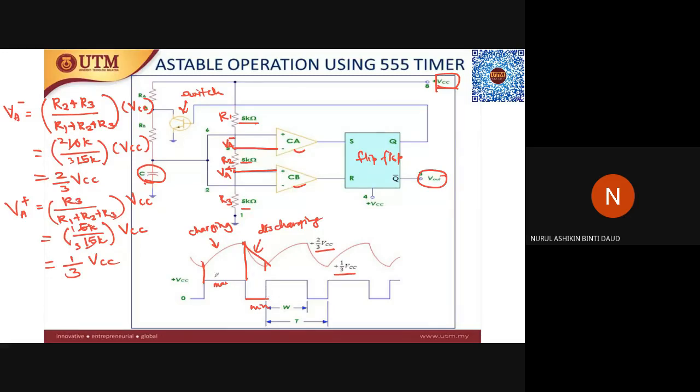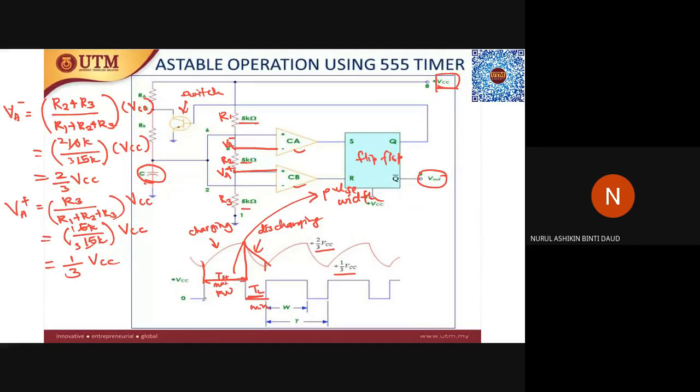The maximum we also know as TH, which is also known as the pulse width, PW. All right, and this low signal is known as TL. So this is TH and this is TL.